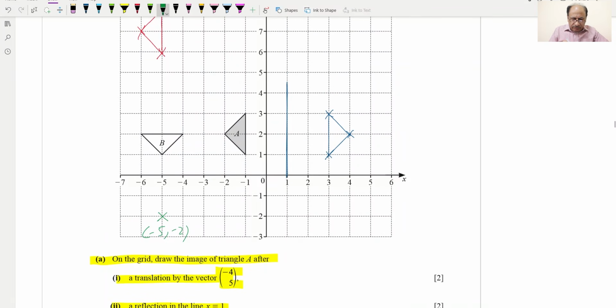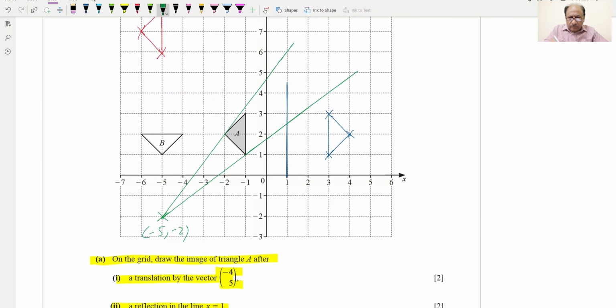We will draw a line from here touching the vertices, and now we can draw on the other side for the second vertex also, and now the third one, which is over here.